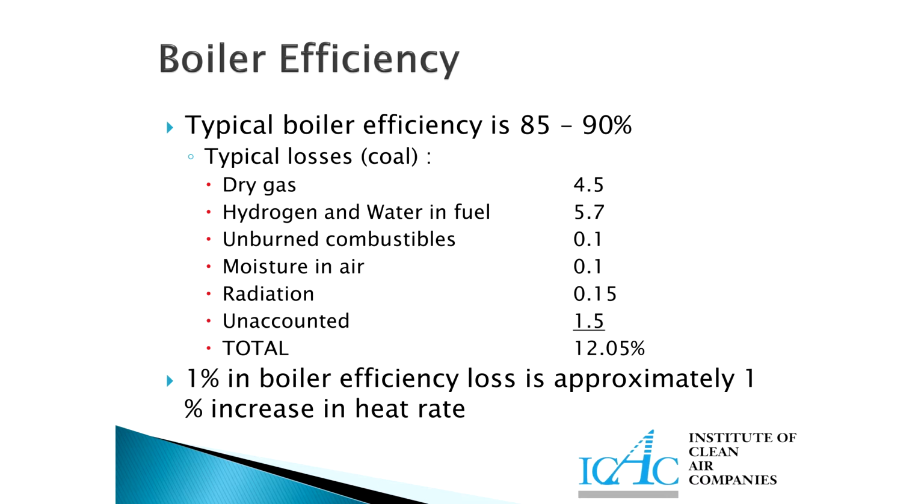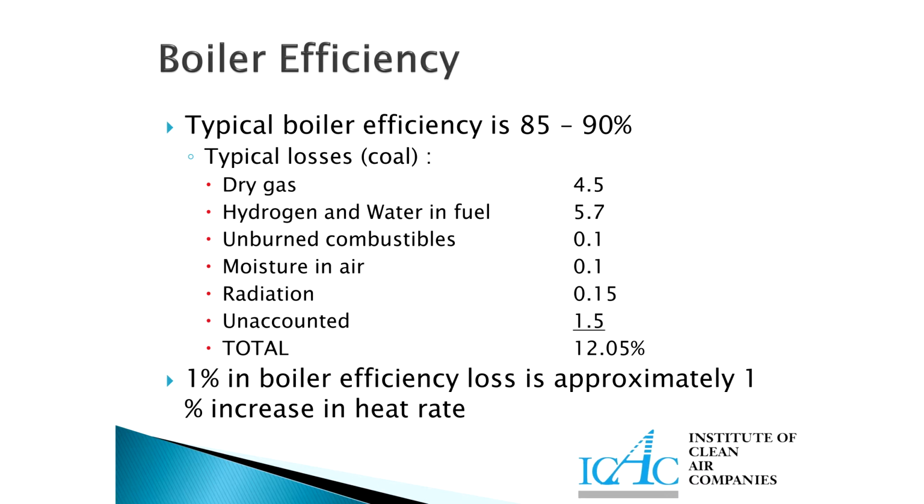The steam generator's boiler efficiency is directly related, almost on a one-to-one basis, to the heat rate of the entire power plant. And the biggest loss when you do a boiler efficiency calculation is what they call the dry gas loss. That's directly related to the amount of air that you use to combust the fuel.